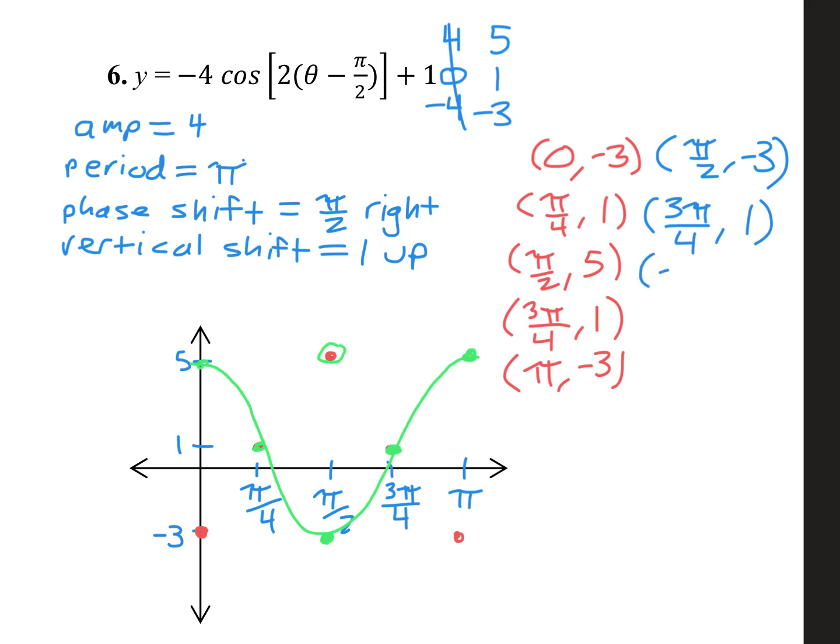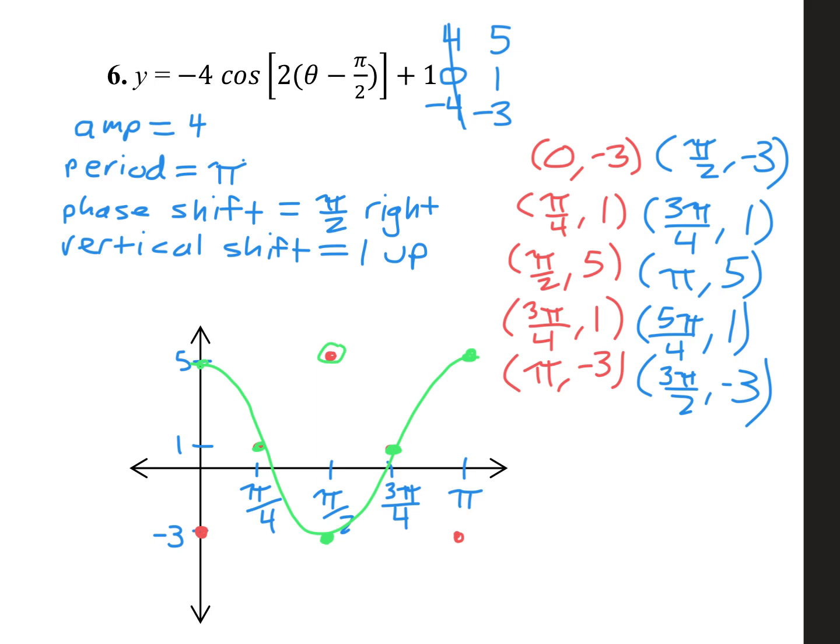Pi over 2 plus pi over 2 is pi. And then these are kind of off our graph. This one's going to go to 5 pi over 4, comma 1. This is going to go to 3 pi over 2, comma -3.